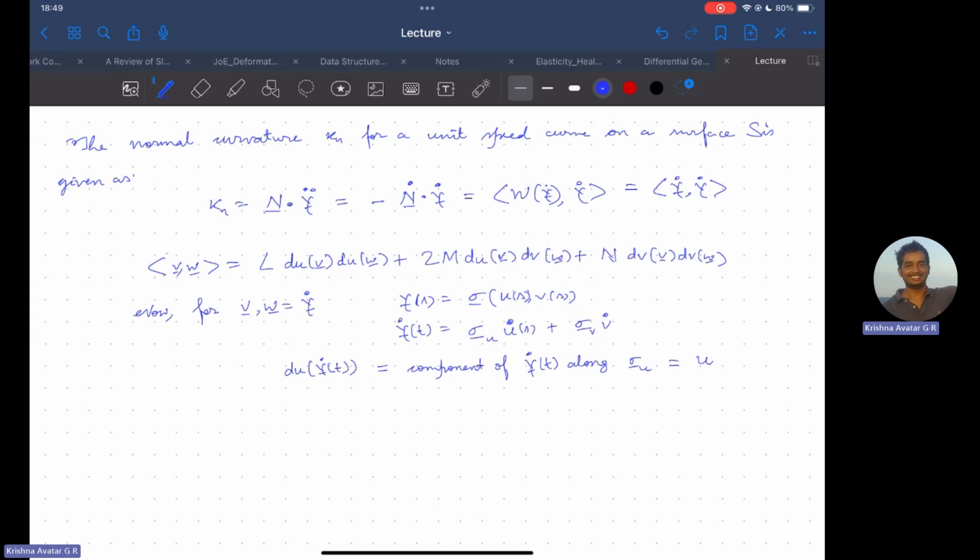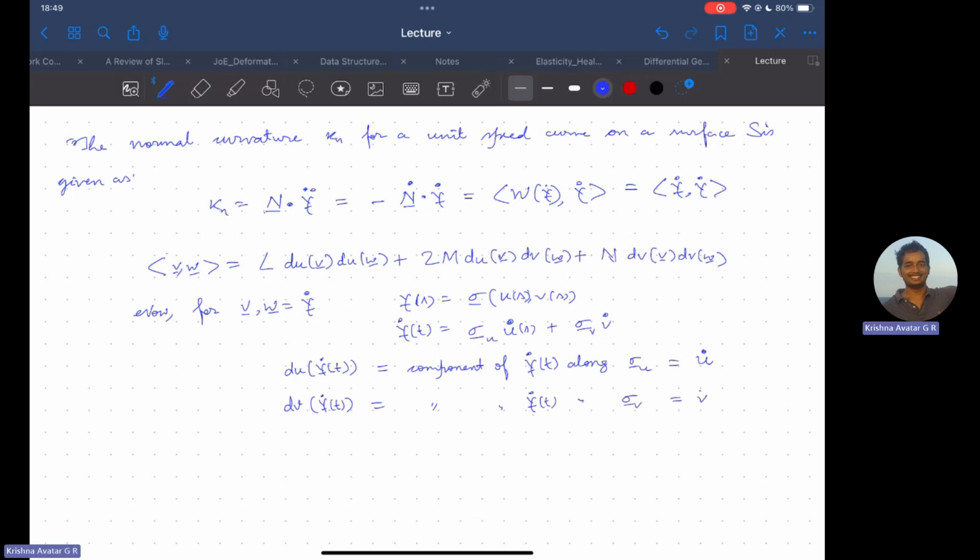So this is nothing but just u dot. Likewise, dv of gamma dot is equal to the component of gamma dot along sigma v.